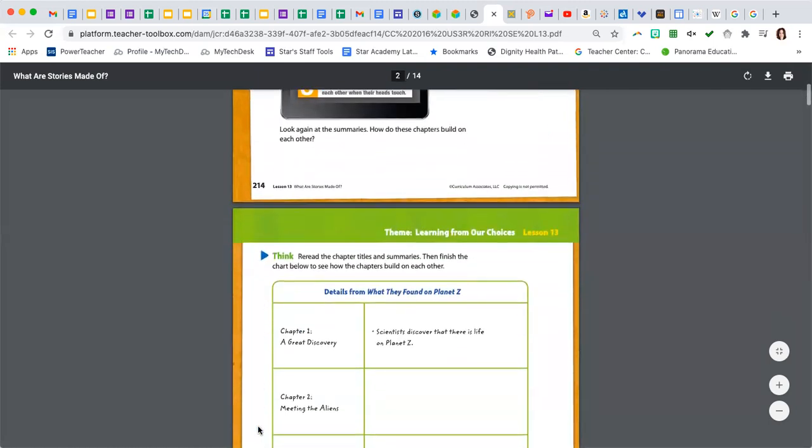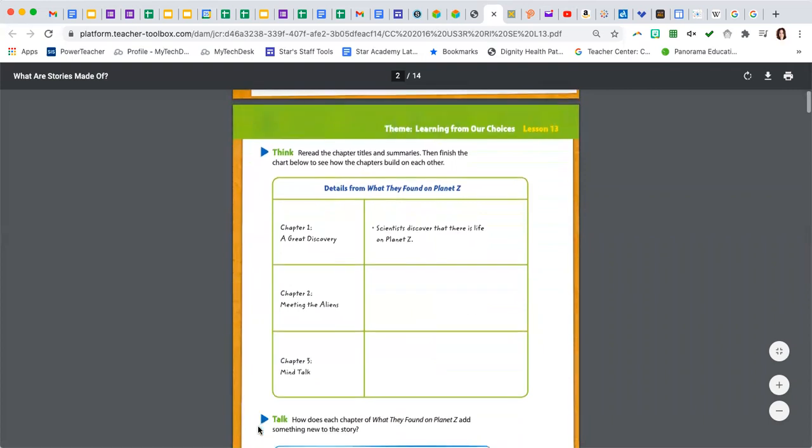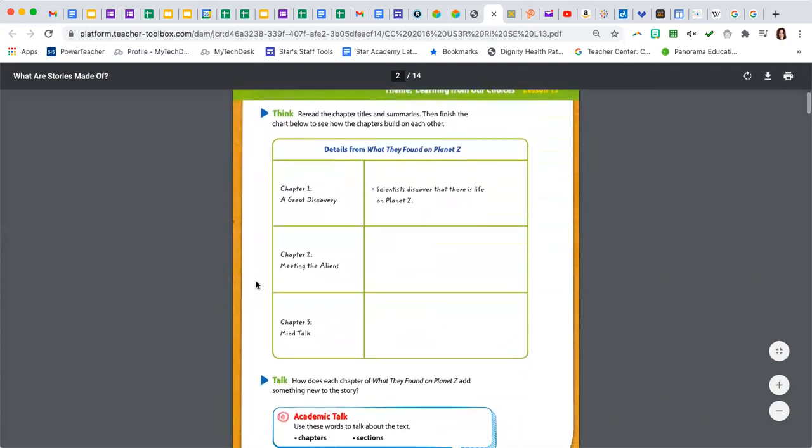So, going to page 215, where it says think, it says reread the chapter titles and summaries, then finish the chart below to see how the chapters build on each other. So this organizer is showing chapter 1, chapter 2, and chapter 3.